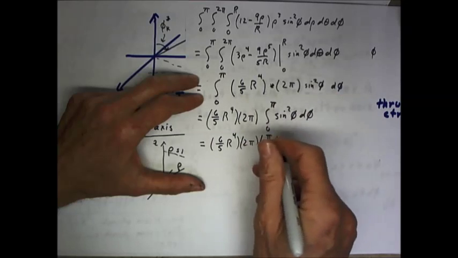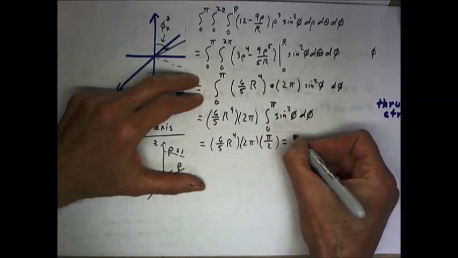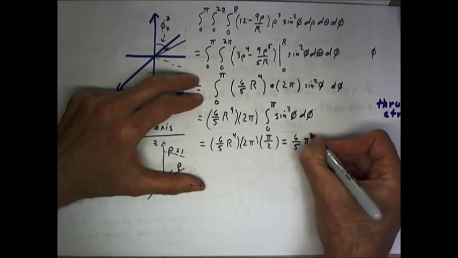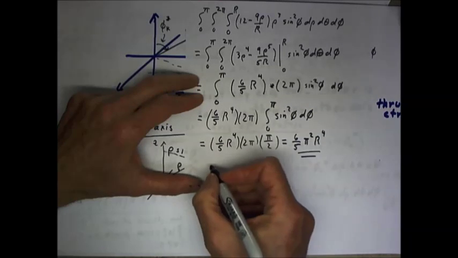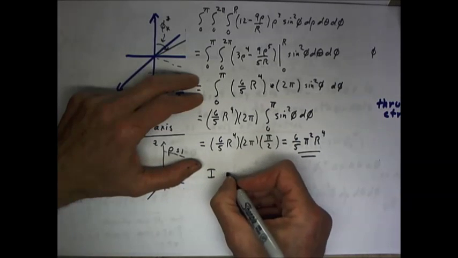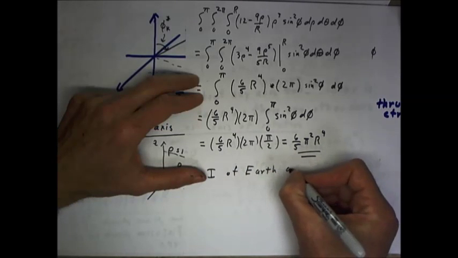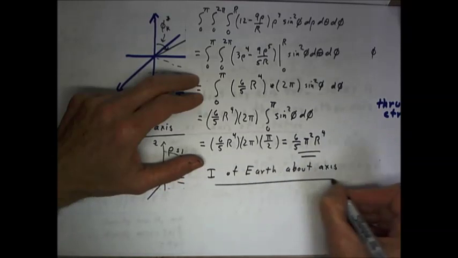And now we can multiply all this out. The 2 divides the 2, so we're still going to have a 6 here. 6/5 pi squared times R to the 4th. That's the moment of inertia of the Earth about its axis.